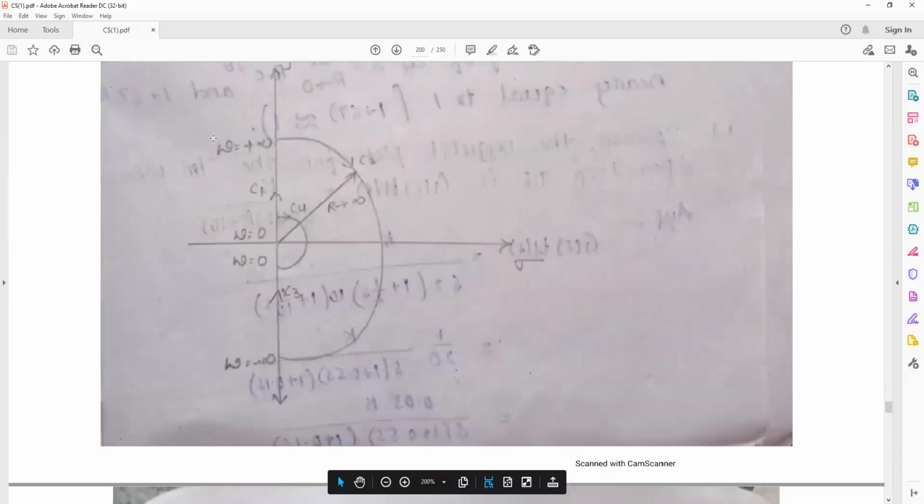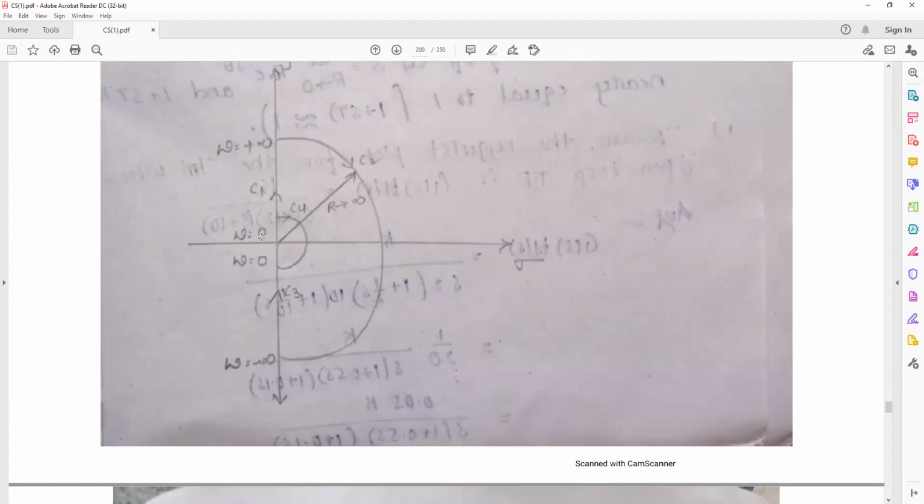So this is the complete Nyquist plot. On the positive x-axis and the y-axis, this is the encirclement. Here omega equal to 0 to plus infinity is on one side, and 0 to minus infinity is on the other side.